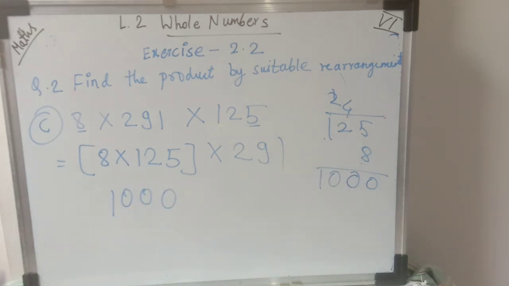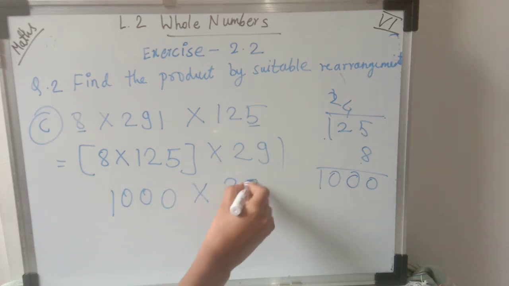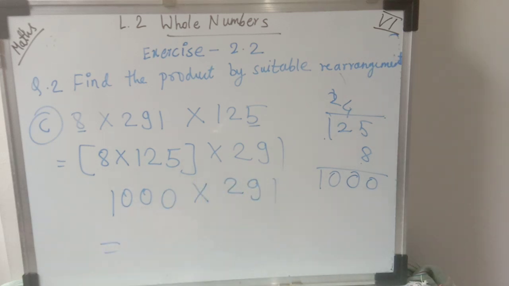Okay students, in this way you have to think to get the answer near to the 10, 100 or 1000, near to the 0. Any number will come which will be the multiple of 10, 100 and 1000. Okay, so here 291. Now it is very easy, there is no need to do the vertical multiplication.